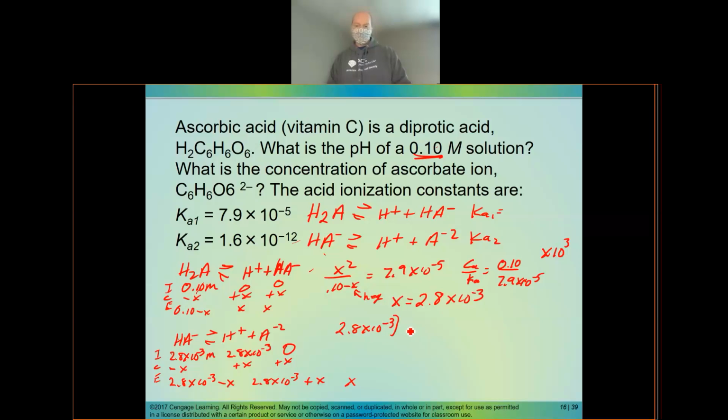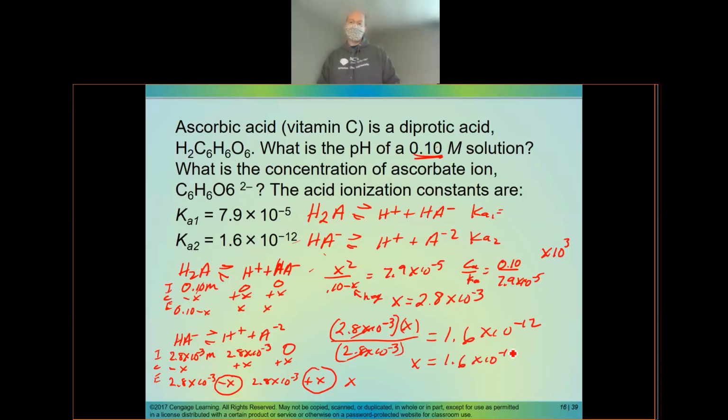I'm going to neglect my plus X and my minus X, times X, and 2.8 times 10 to the minus 3. So note, you're going to end up with your 2.8 times 10 to the minus 3 in both the numerator and denominator, and so that is going to cancel out. Your X value is simply equal to your Ka2, 1.6 times 10 to the minus 12.